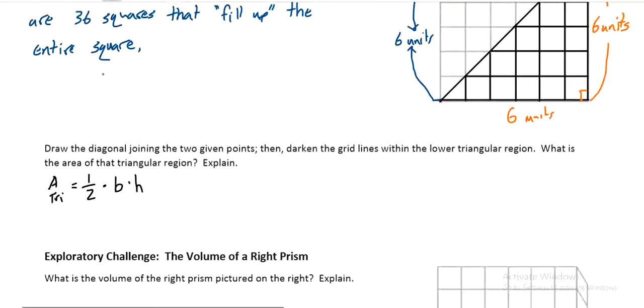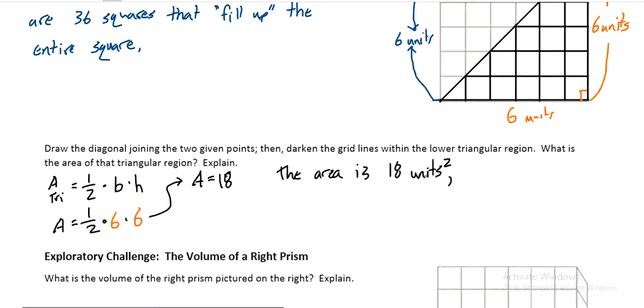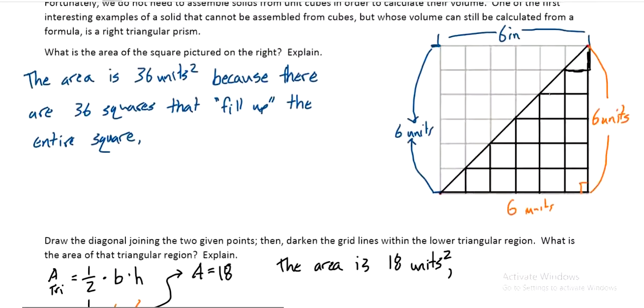So when I find the area of this, I can just do A equals 1/2 times the base, which was 6, times the height, which was also 6, and that tells me my area equals 18. So we'll say that the area is 18 units squared.